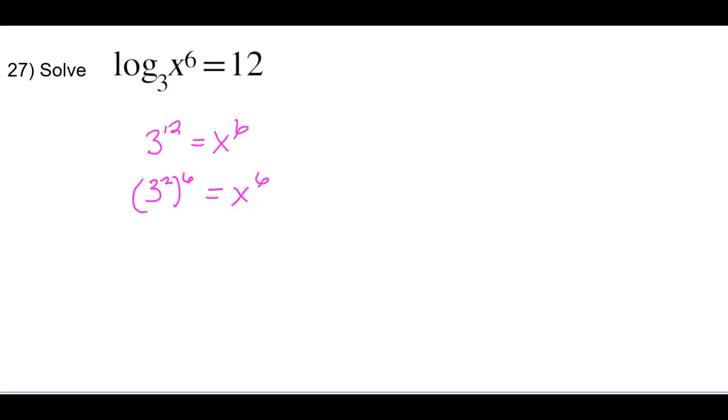We know that when we raise a power to a power, we multiply the exponents and get 12. So we could work backwards from that to get from here to here. Now that's not something we've done in class before, but I think you can see how they would be equivalent. So since 3 squared to the 6th power equals x to the 6th power, x must equal 3 squared, which is 9. So that would be one way to do that problem.